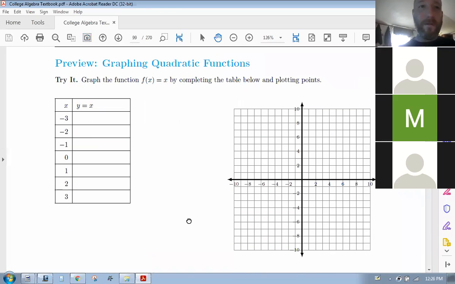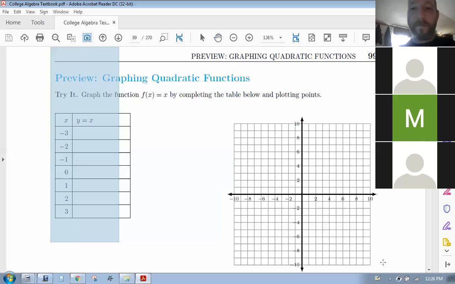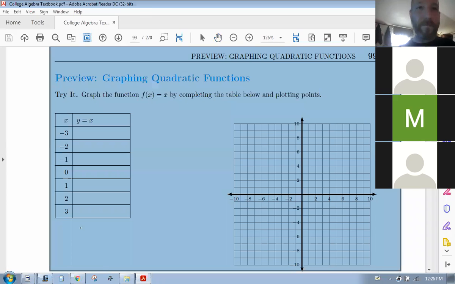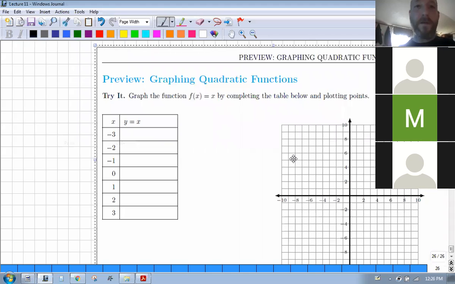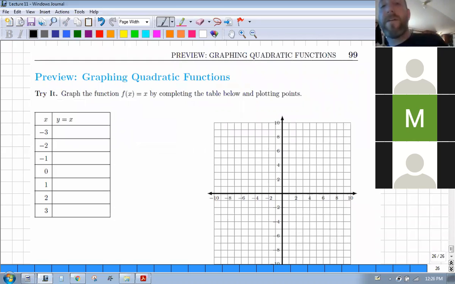I think we have time to do these two. Graph the function f of x equals x by completing the table. All you're doing is the input is the same as the output. So -3, down 3; -2, down 2; -1, down 1; 0, 0; over 1, up 1; over 2, up 2; over 3, up 3.